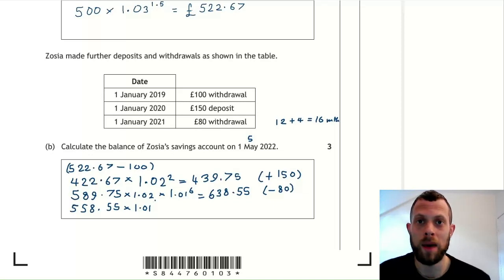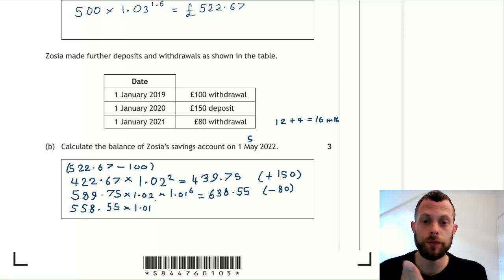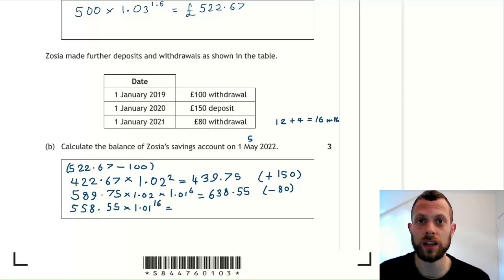Now, May is month 5, but it's the 1st of May, so we're not including interest for May, so it's only months 1, 2, 3 and 4, as well as the entirety of 2021, which is 12 months. So it's 16 months altogether. So we put it to the power of 16.